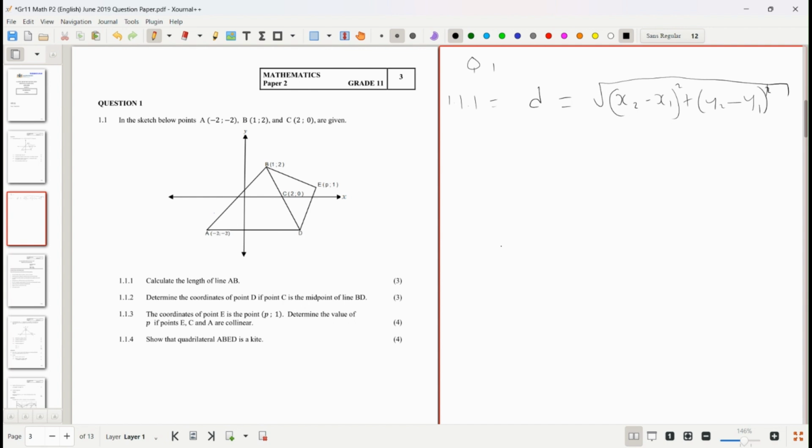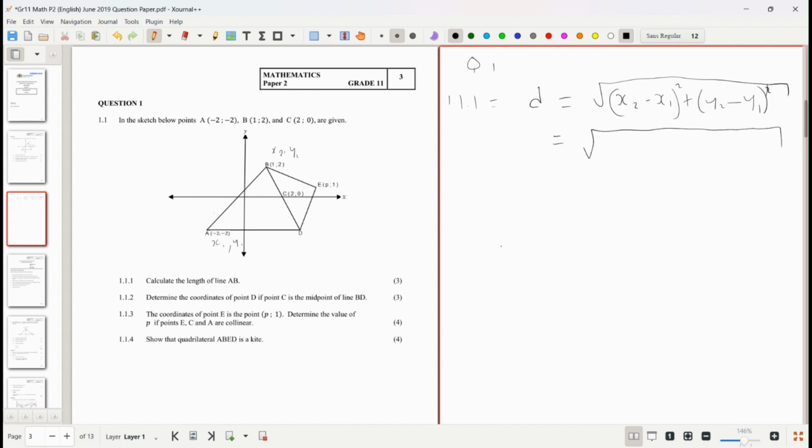So we need to label our points first. This will be our x1, y1, and then this will be our x2, y2, right? Next, we need to substitute our points into this equation.